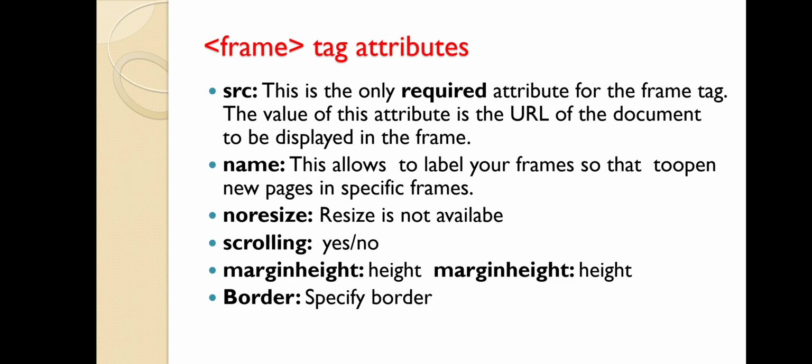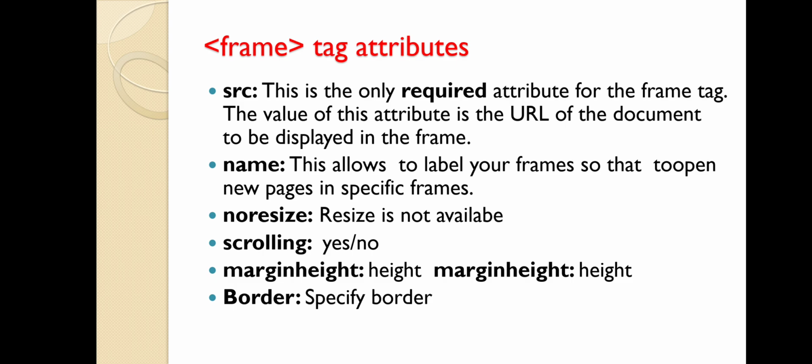The next one is name of the frame. That is used for targeting another HTML file. It is the name of that region. Next, noresize. Noresize means we cannot change the size of the frame. The next one, scrolling. If the HTML document size is very large, we need a scrolling button to scroll the content of the region, the content of the frame.